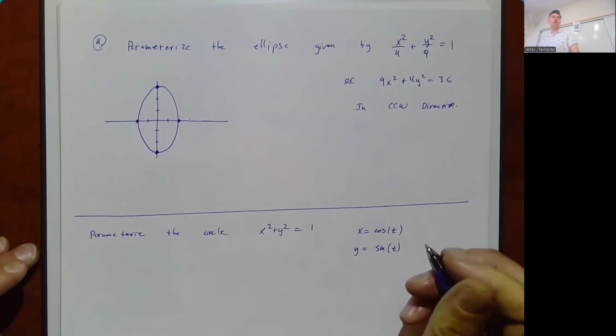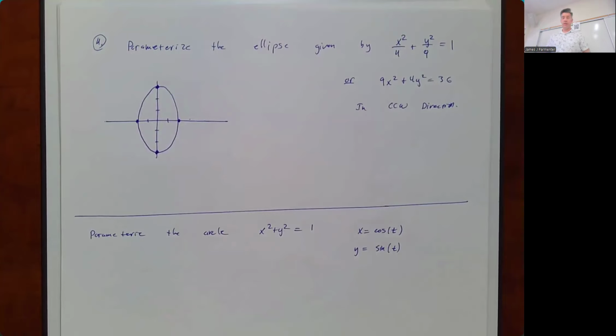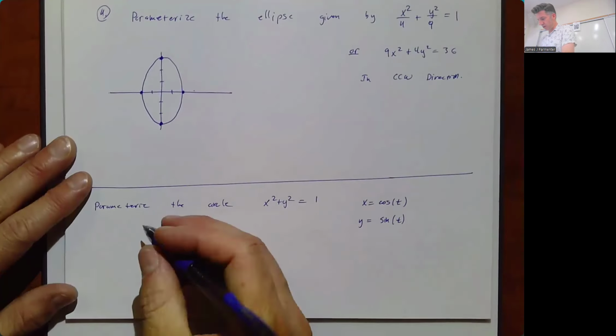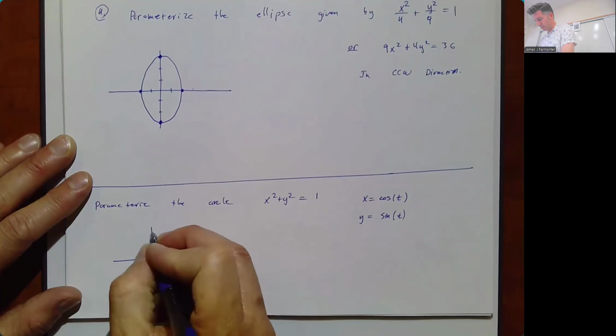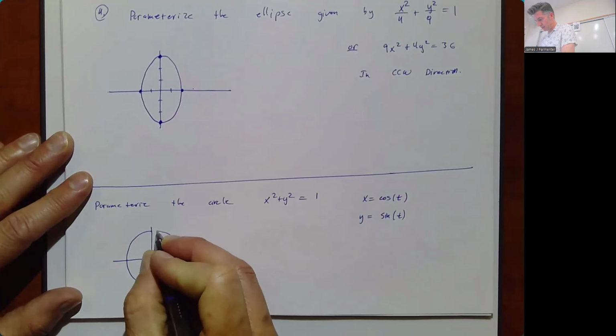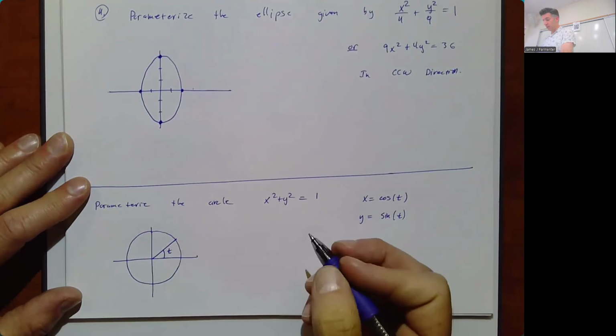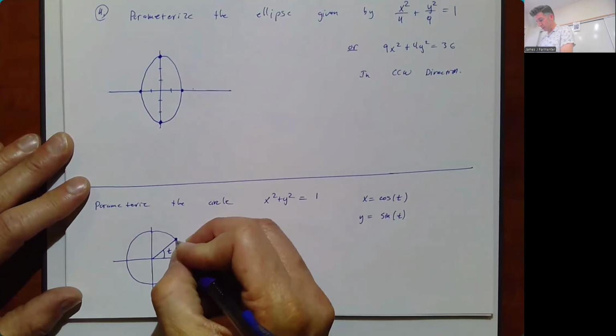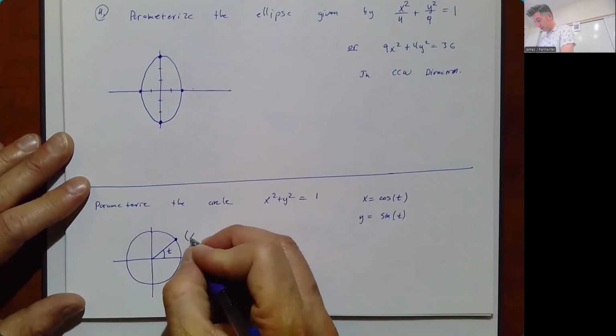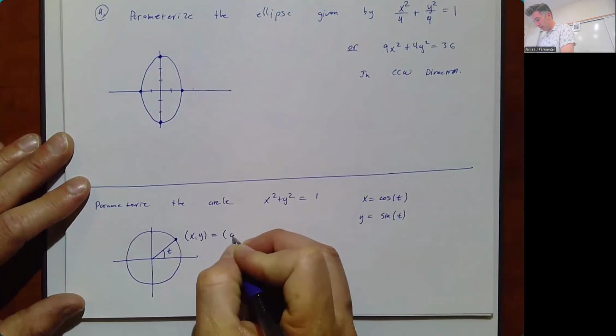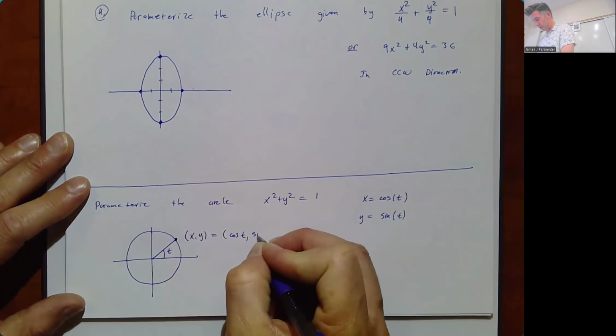We're literally just going back to the unit circle and saying that, oh yeah, if you're on the unit circle and your angle is t, the point that's on the unit circle is quite literally cosine of t comma sine of t.